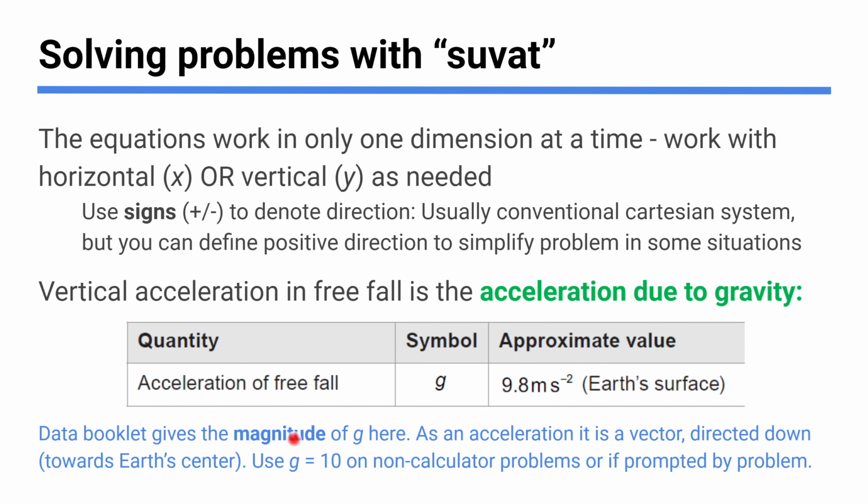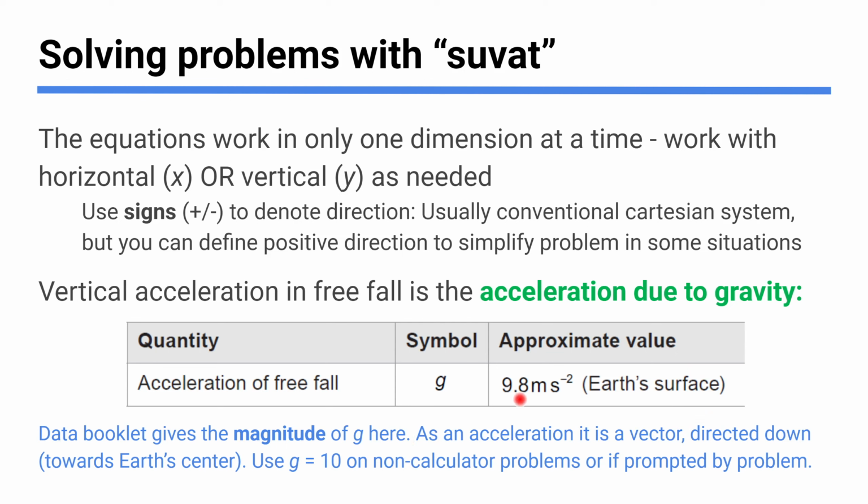Notice they're giving you the magnitude of g, because sometimes you need magnitude, sometimes not. Sometimes you need it as a vector, like here. When this is the physical acceleration of an object, it's a vector and it's down, towards Earth's surface, officially towards the center of the Earth.